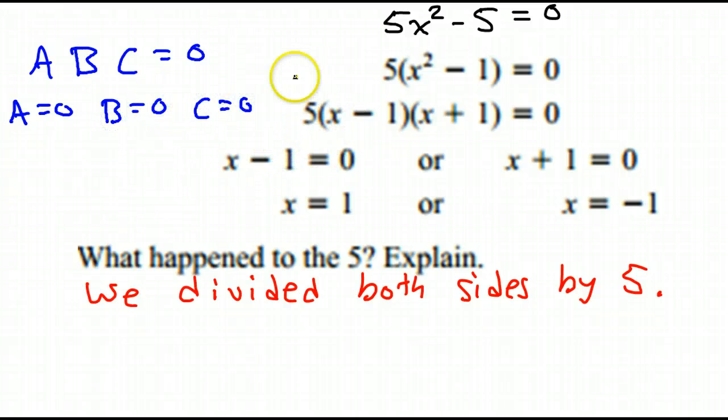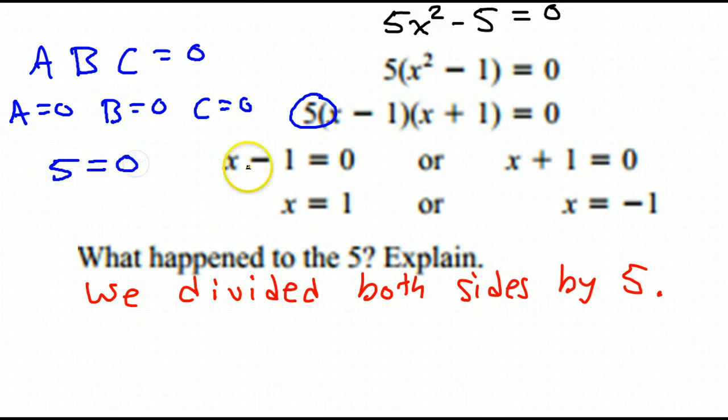Alright, so here I have these three factors. I have 5 and then I have the two parentheses. But if I set all three of these equal to 0, then that would be saying that 5 equals 0. Right? If I included the 5 in this process. If I said 5 equals 0, or x minus 1 equals 0, or x plus 1 equals 0.